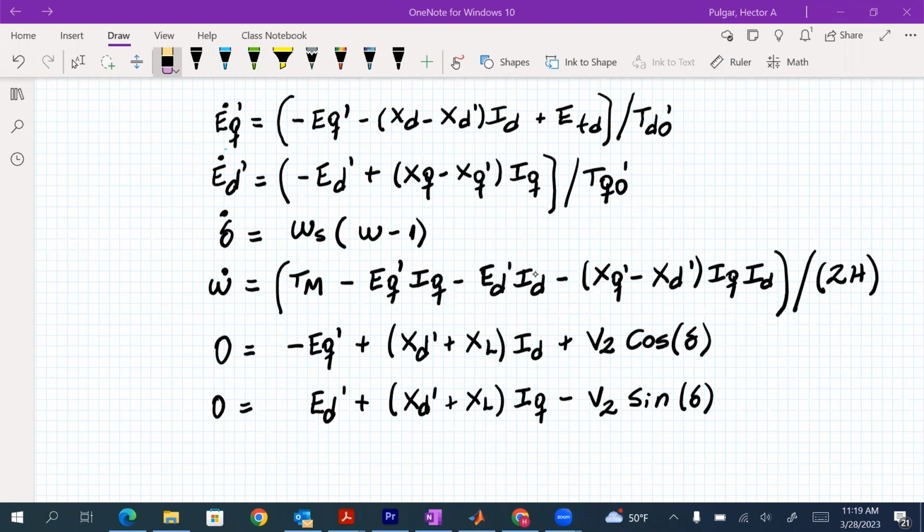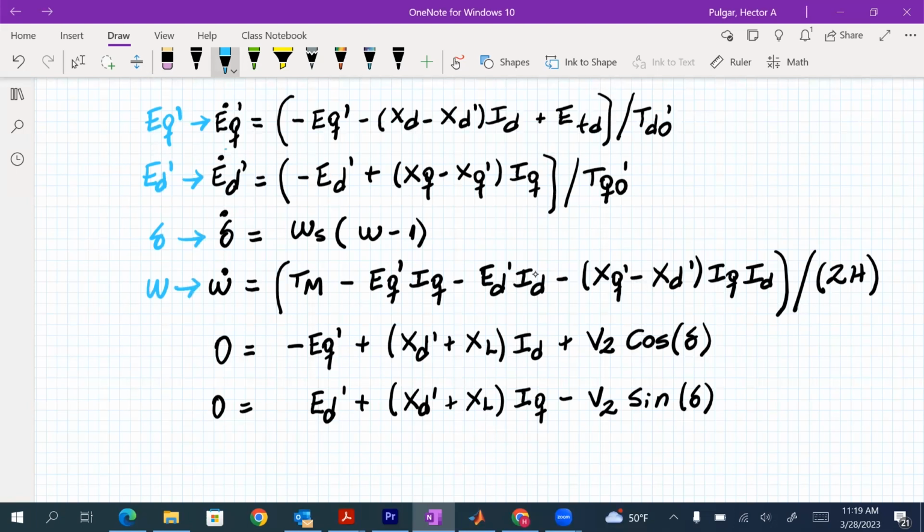And as I explained in the classroom, each of the state variables is going to be associated to its corresponding differential equation. So in this case, EQ prime is going to be associated with that equation. Then we have ED prime, delta, and omega.